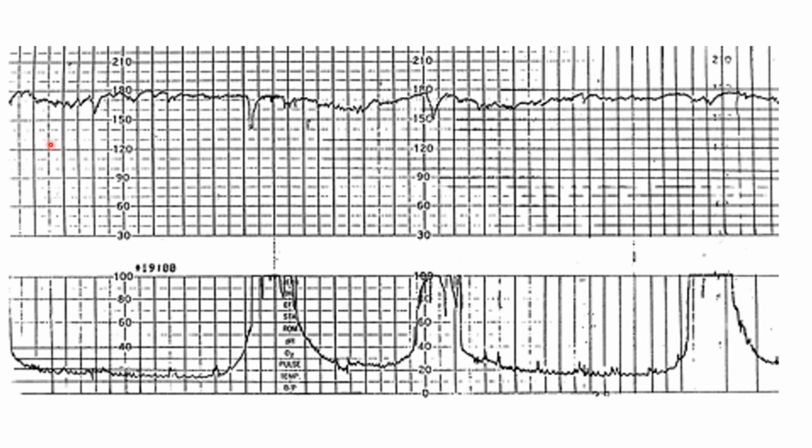In this slide, we see that the baseline is close to 170 to 180 all the way around. Here we have the uterine contractions, and these contractions are also quite strong contractions. But we see that there is a loss of variability. The beat-to-beat variability is not very normal and good, and there's a flattening of the heart rate.